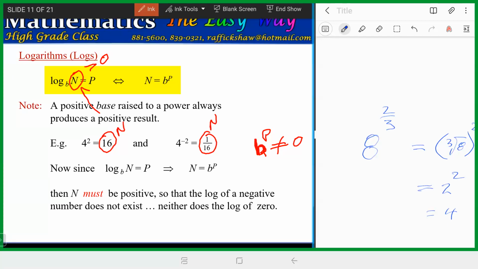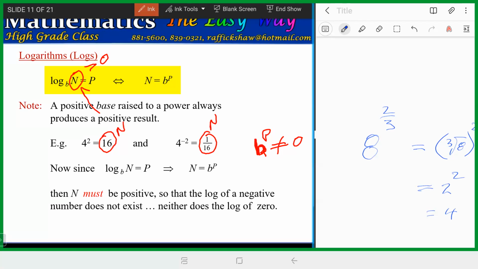So if you're solving a logs question and the answer will cause you to find the log of a negative number, then that answer is not valid. You cannot find the log of 0, you cannot find the log of a negative number.